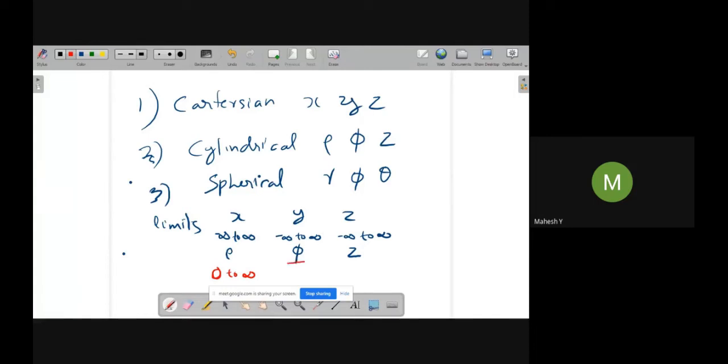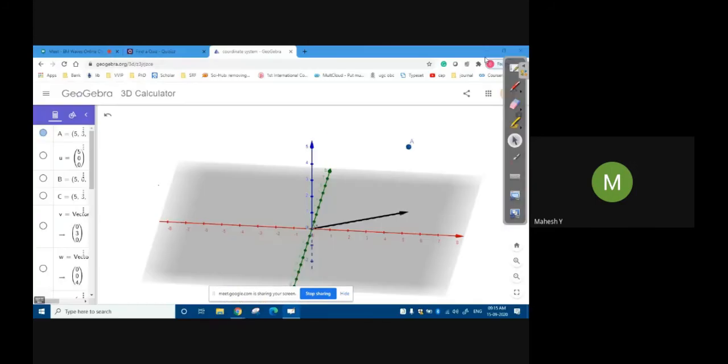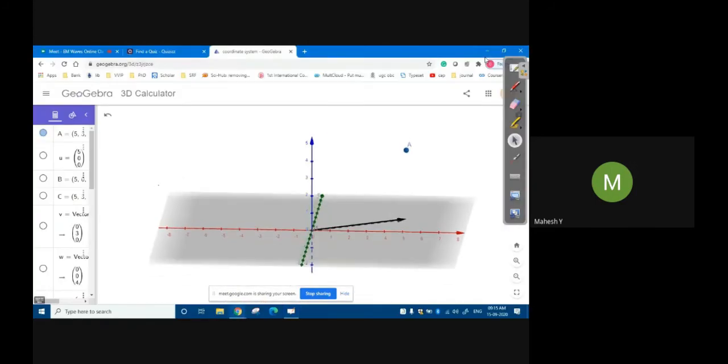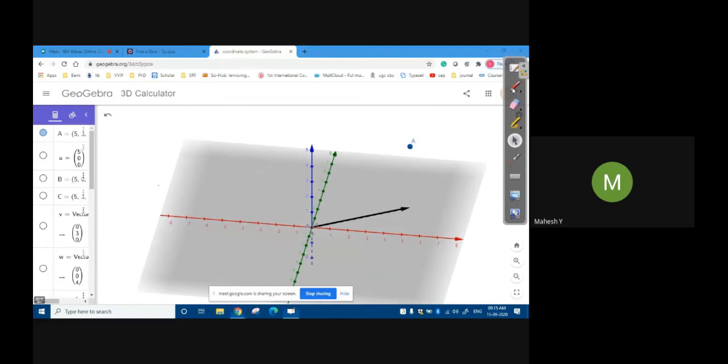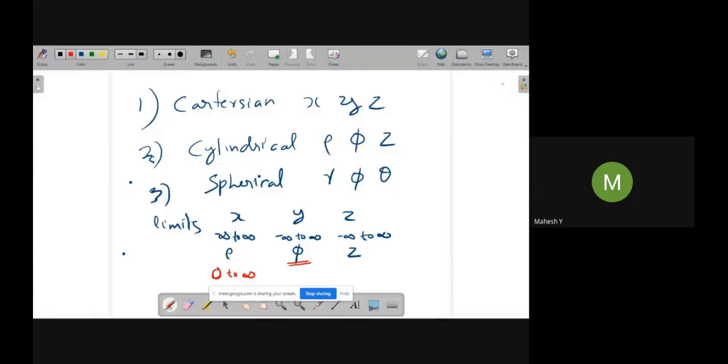Now what is the case of phi? Up to what angle can I rotate? So this is a particular angle here. This is the angle phi. Up to what angle can I rotate like this? Yeah, very good. 0 to 360. So the limits are 0 to 360 or 0 to 2 pi, 2 pi in radians.